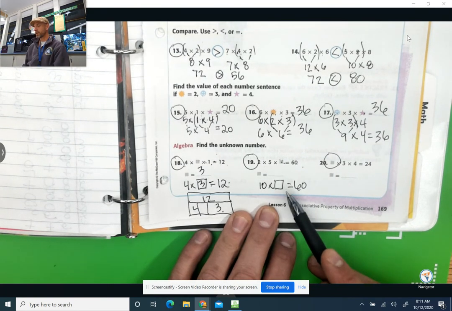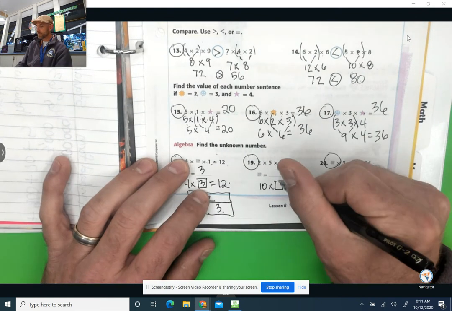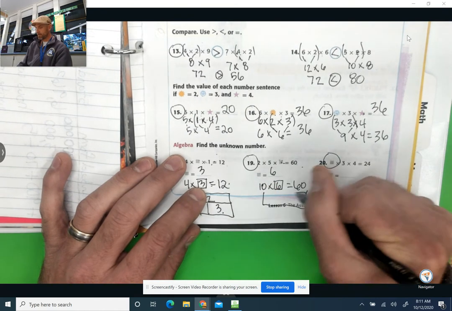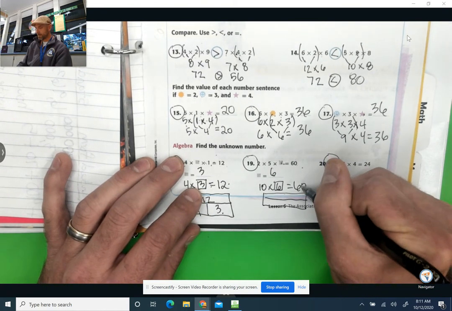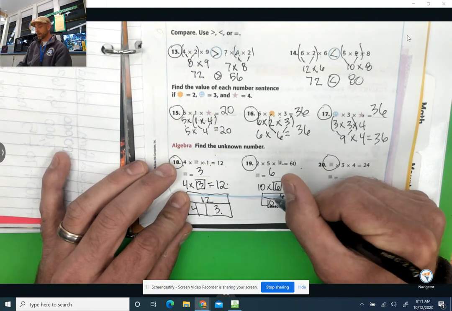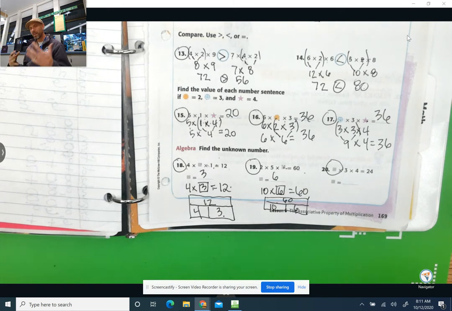What do you multiply times 10 to get 60? Those 10 facts are fun. It's 6. All right. Or you have your part whole. You got 60. Got your one part. 60 divided by 10 is 6. Or what is the missing member of the fact family?